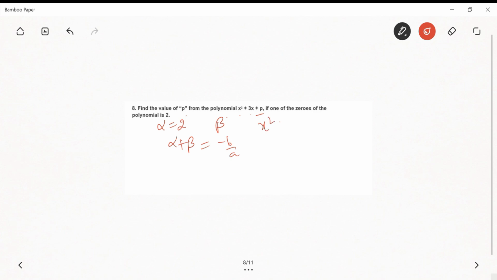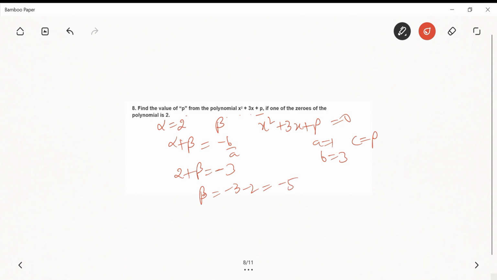From the given equation, we have a equal to 1, b equal to 3 and c equal to p, right? So alpha plus beta, that means 2 plus beta is equal to minus 3. So beta is equal to minus 3 minus 2, that is minus 5.